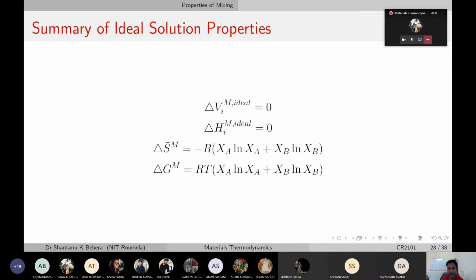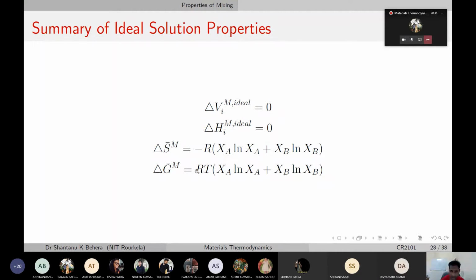For the positive entropy change, when the term is made into an energy term, it becomes minus TΔS. That becomes a total negative quantity, and there is no enthalpy change. So eventually, the Gibbs energy change becomes negative.